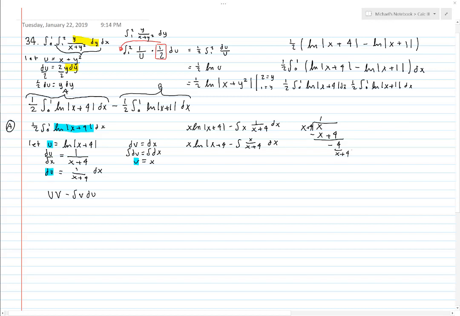So we go back here and we say x ln of x plus 4, and then we say that this is going to be minus the integral of x minus 4 over x plus 4.